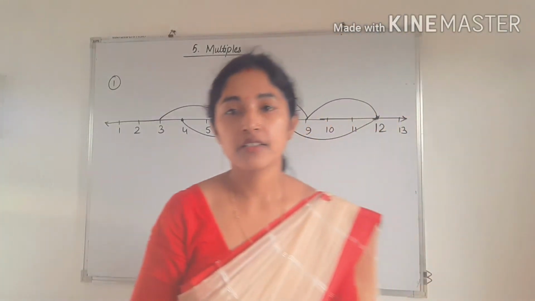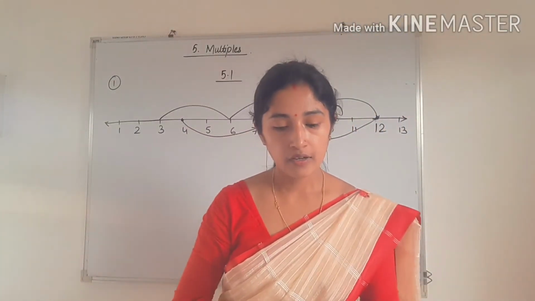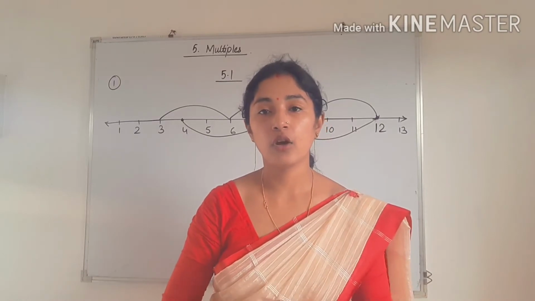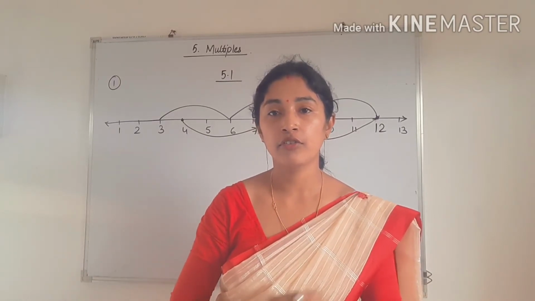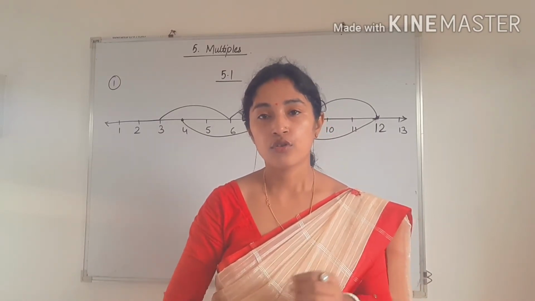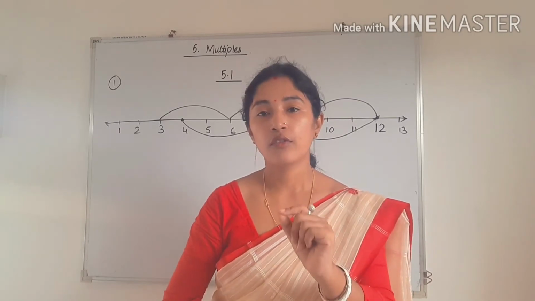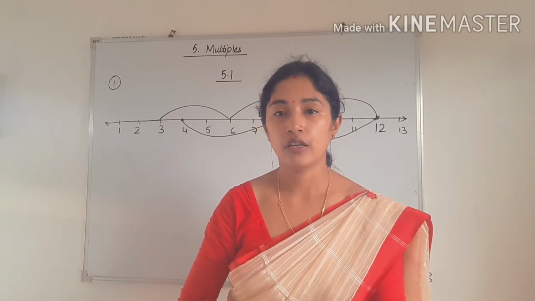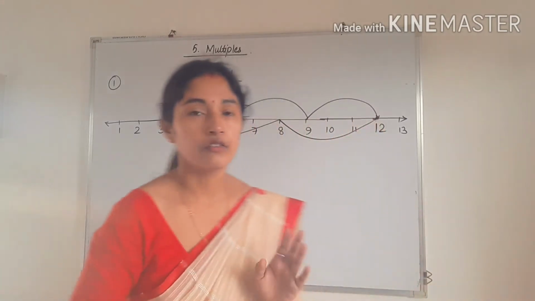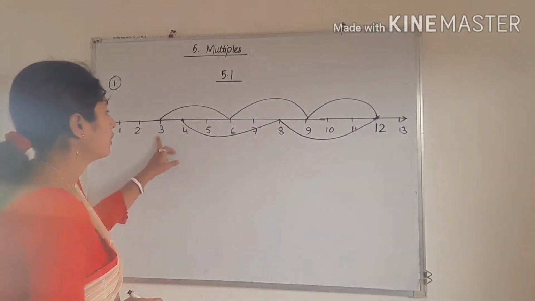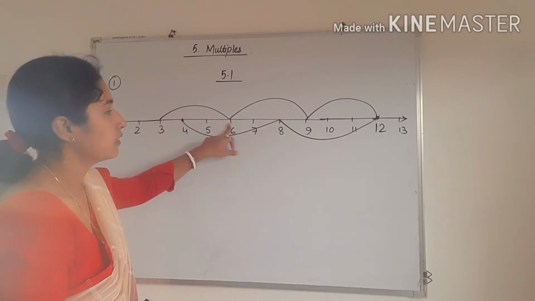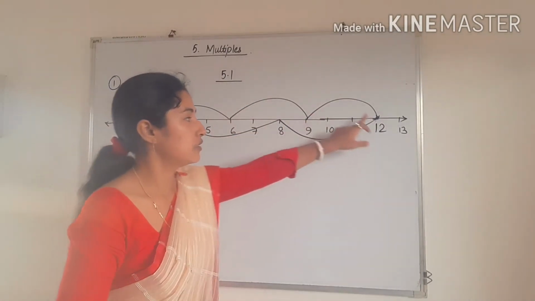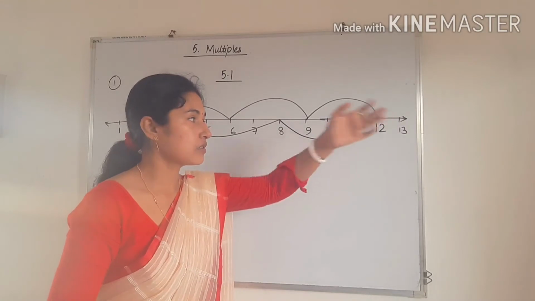The next exercise is exercise 5.1. Here a number line is given and you have to find the common multiples of 3 and 4. First, on the number line, we find the multiples of 3. First will be 3, then 6, 9, 12.